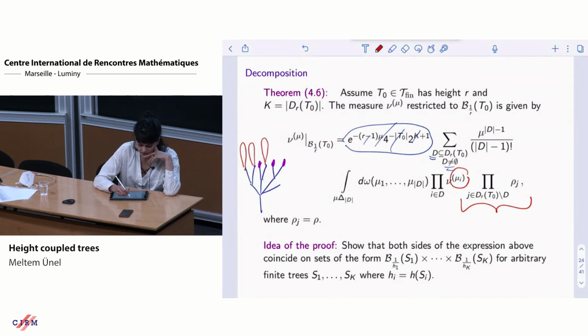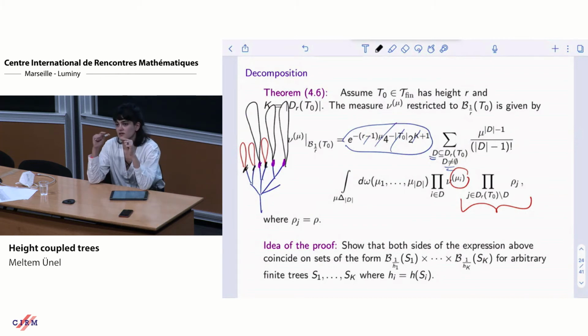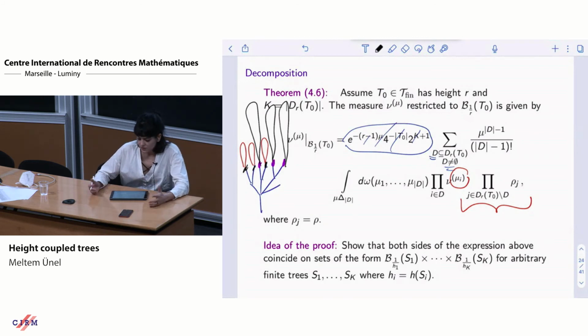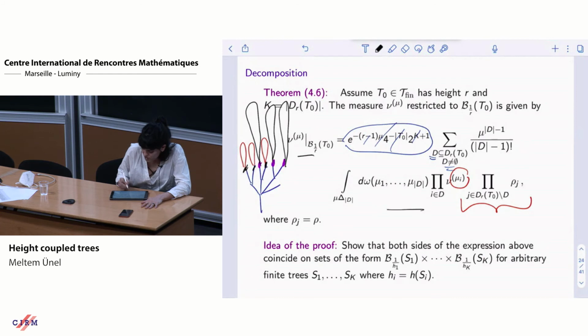So basically these are independently distributed finite trees, but the other trees that are going to be grafted here have a joint distribution. They are not independently distributed. And the way that we prove this, we just show that both sides of this equation agree on this product of balls, because we know that we can characterize these measures by their value on balls.